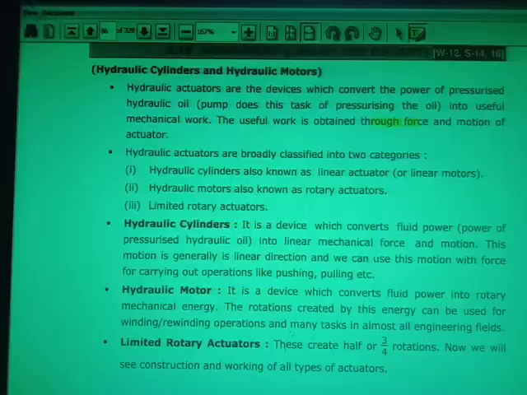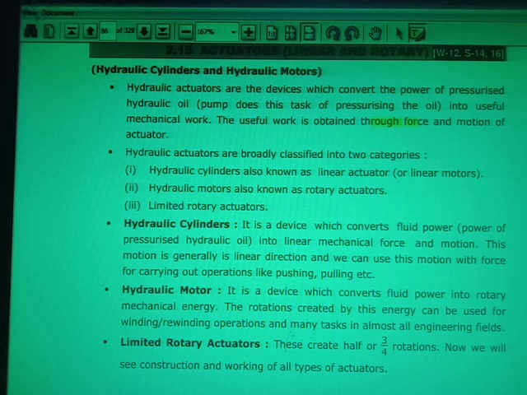Actuators. Okay boys, when we talk about hydraulic actuators, there are three types, but mostly two types are used. One type is the linear actuator.